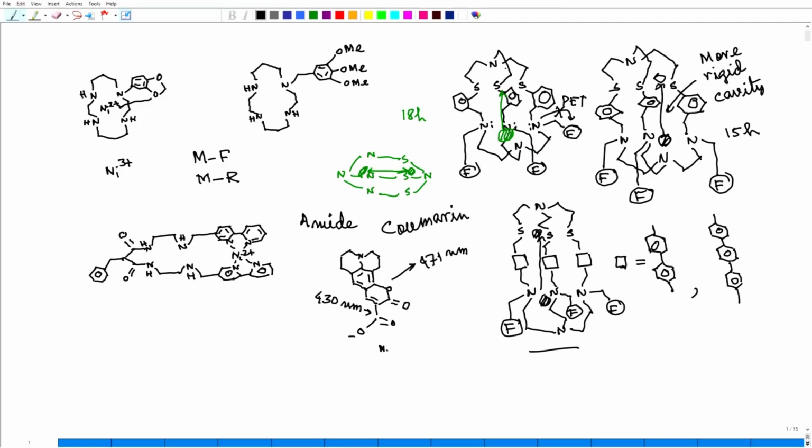Since it is directly bound to nickel 2 plus, a transition metal, it will quench fluorescence very effectively. So, if I now excite it at 430 nanometer, there will be no fluorescence, because this is directly bonded to nickel 2 here.